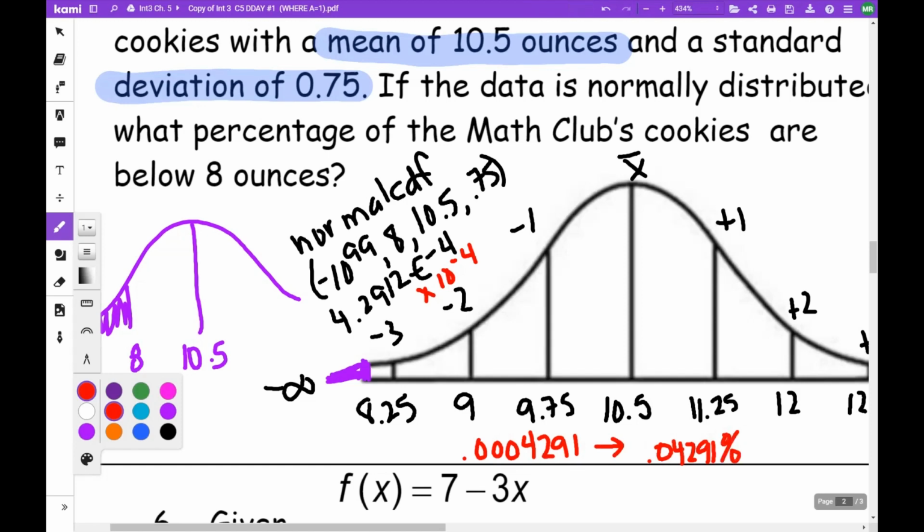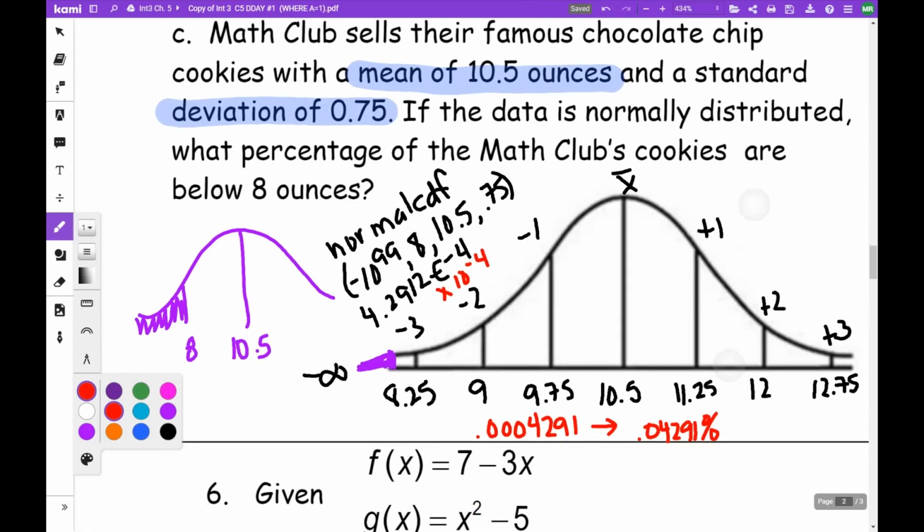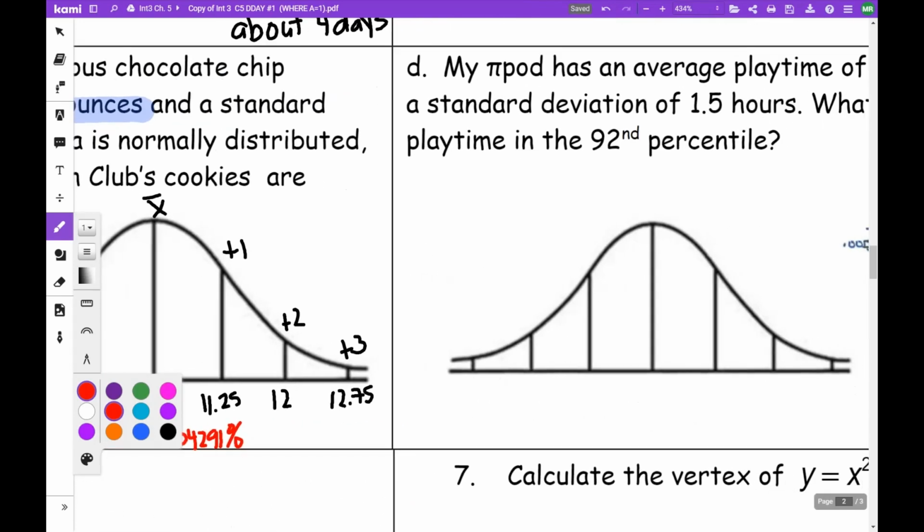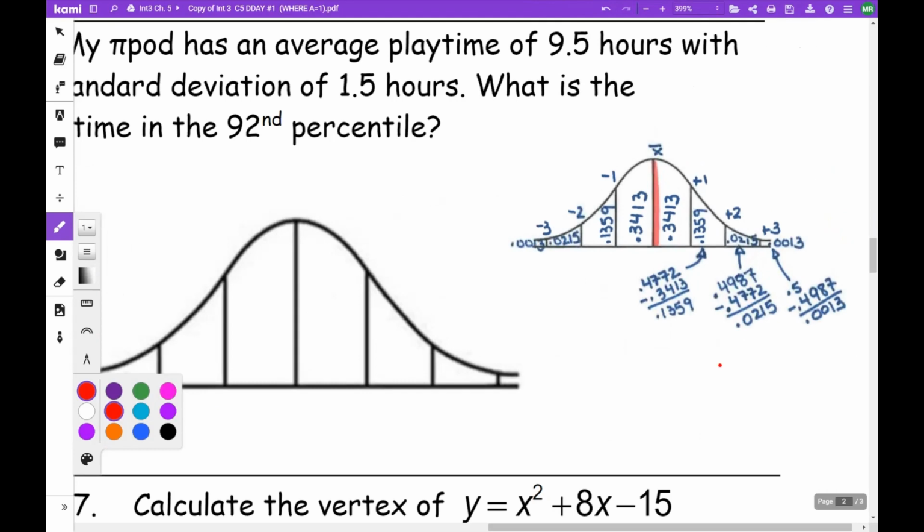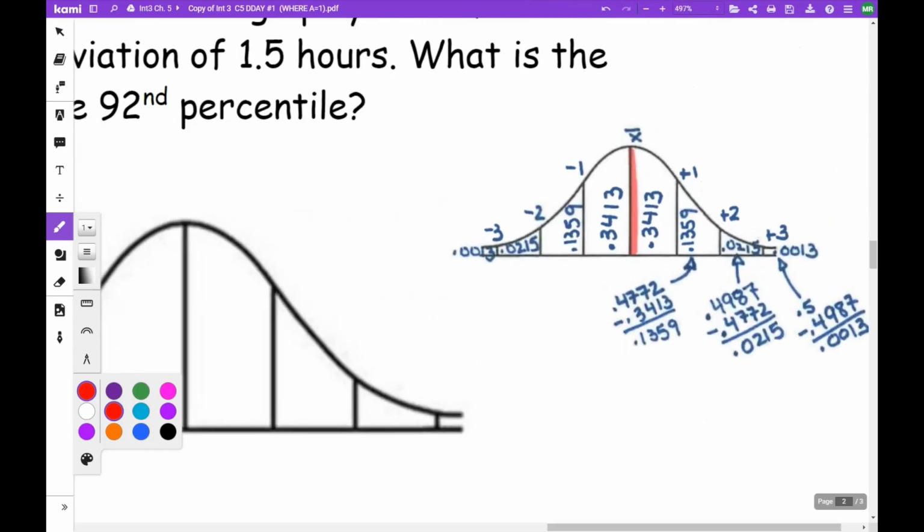That's a very low percent. And when you're looking at this, you see that I'm outside of that 3 standard deviations, which is a very small percentage.